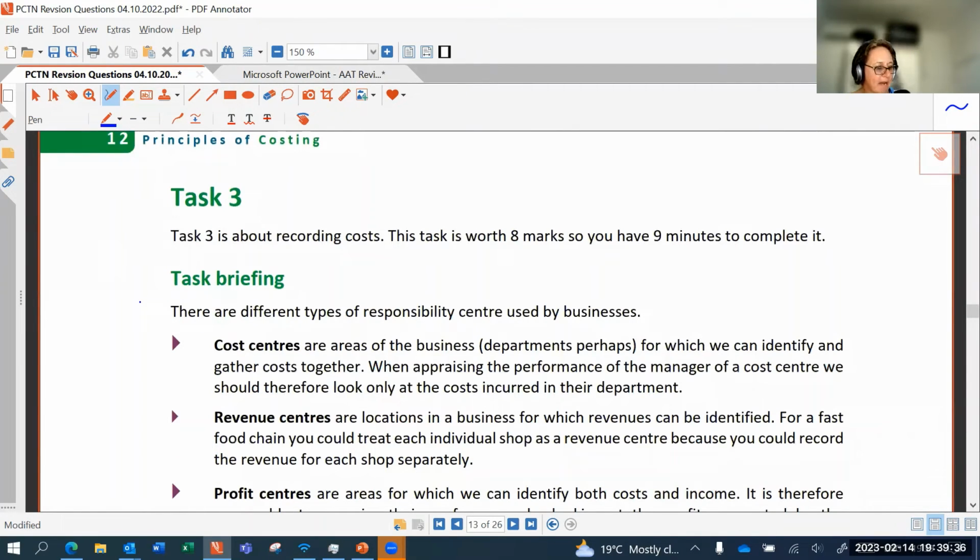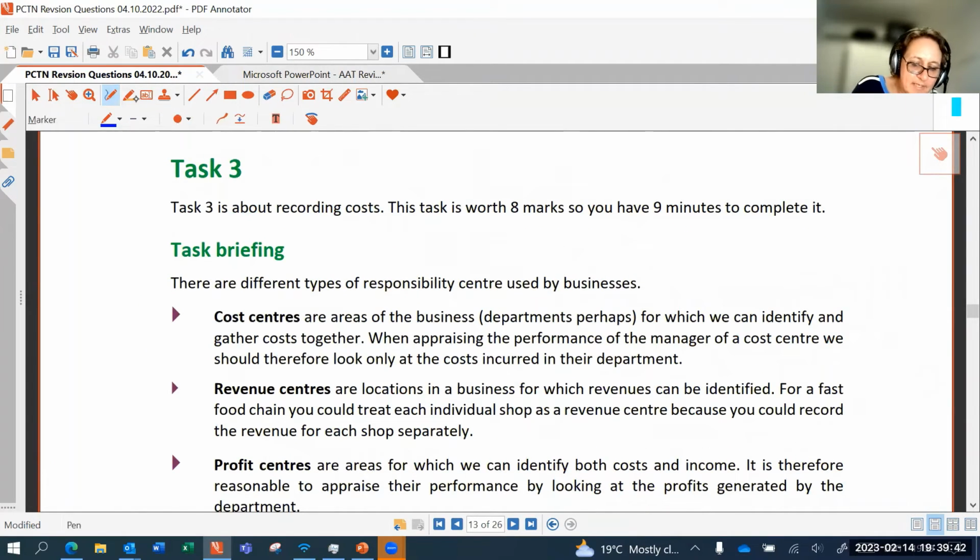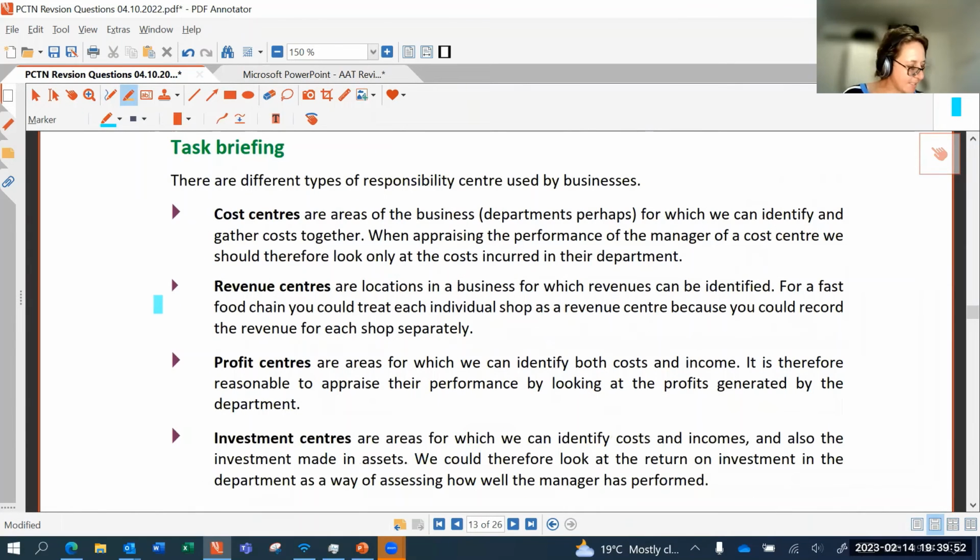Right, task number 3 then, just because it's not going to take us very long. Task number 3 is about recording costs. So this is largely about the coding of costs. It also does cover these different responsibility centres, which we'll recap on as we have a look at the task. And then we're going to code some different revenue and expense transactions.